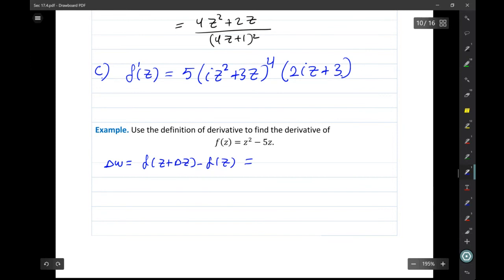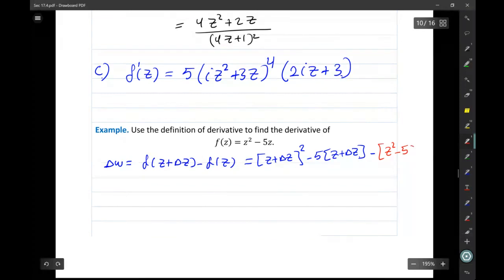Now f of z plus delta z means go to your function and replace each z with z plus delta z. So that becomes (z plus delta z) square minus 5 times (z plus delta z) minus f of z, which is z square minus 5z.